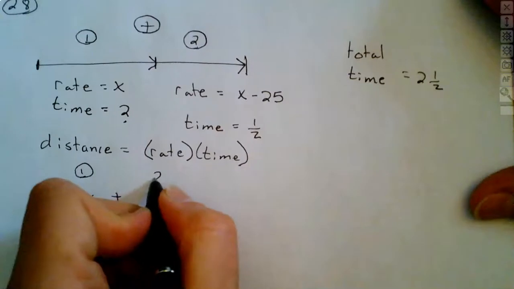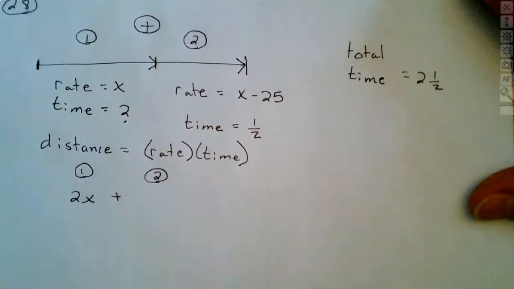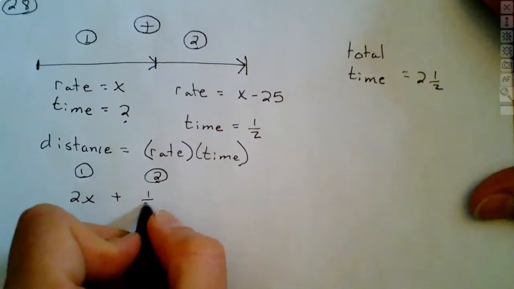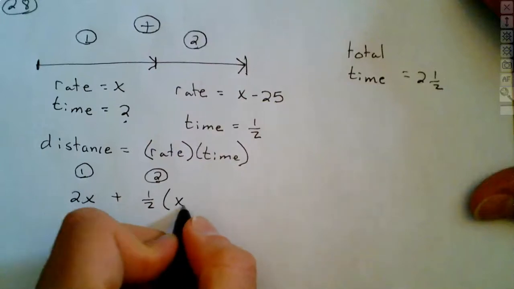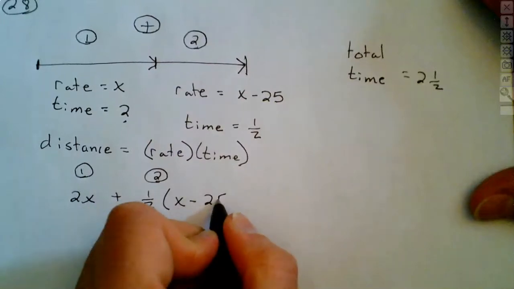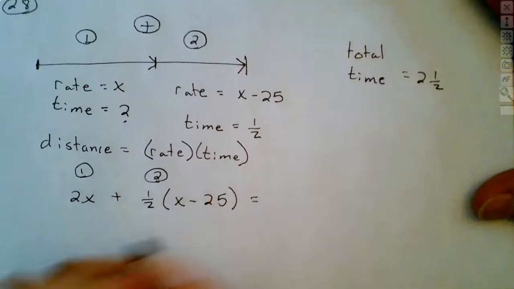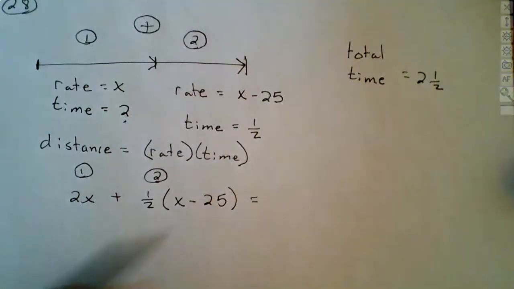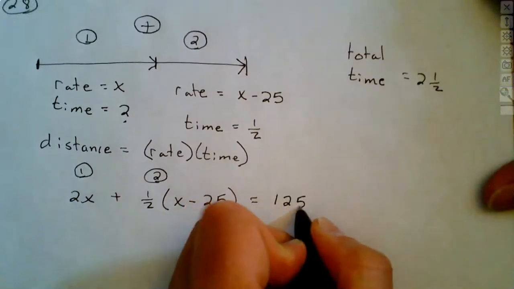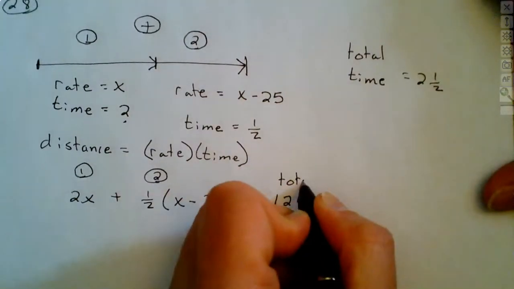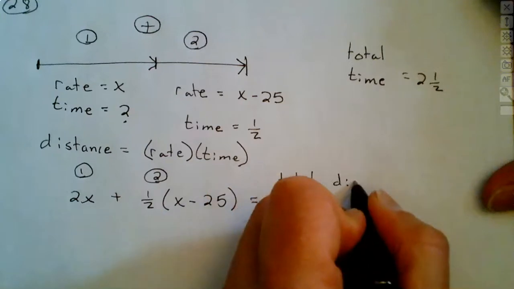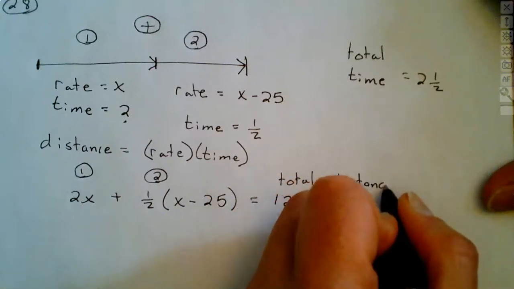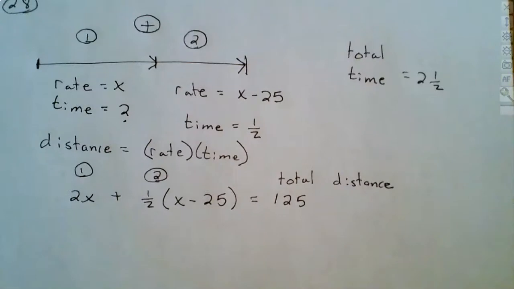For our second one, we've got 1/2 times x minus 25. And then we need our total distance, which is given in the problem to be 125. So this is your total distance. So that's what we've got there.